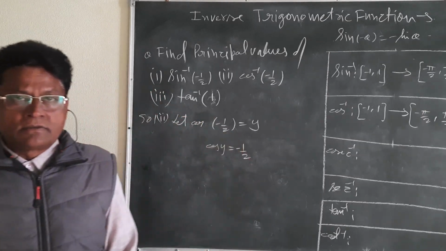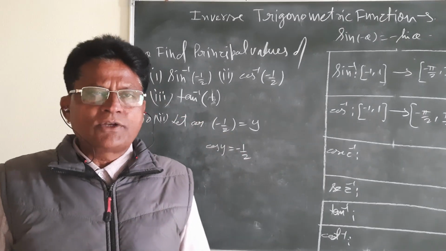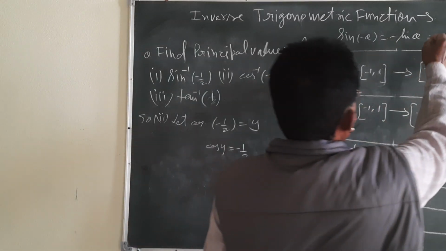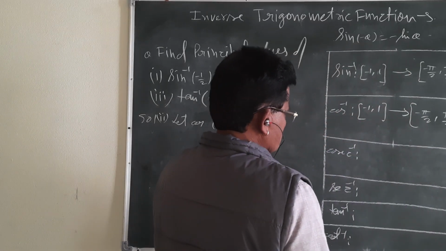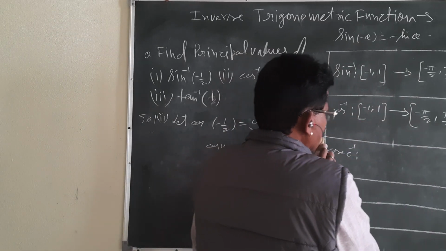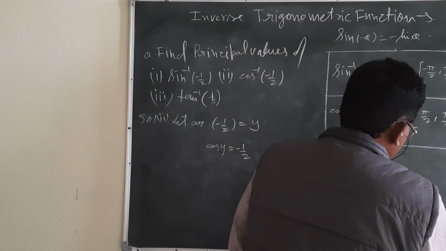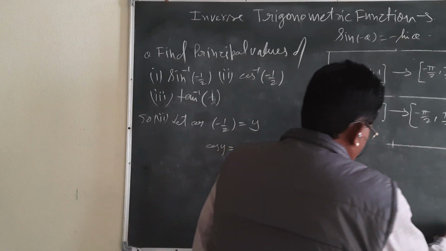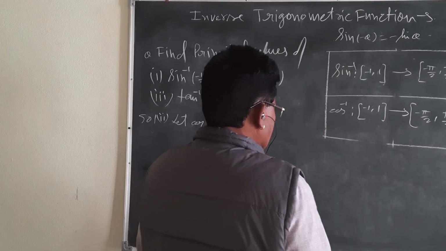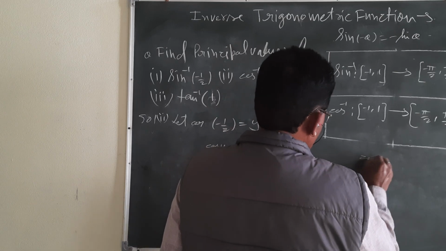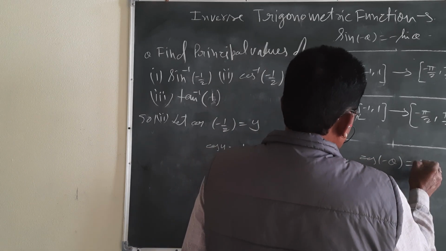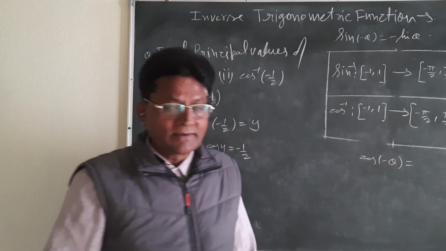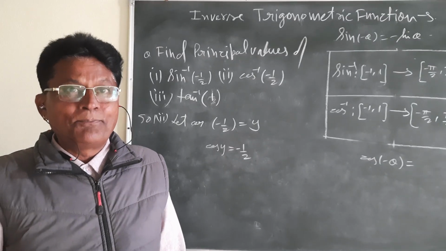You think over it. Minus 1 by 2, because in case of cos, I am just going to remove this thing because it is not required now. As I told you, you must complete this table. Cos minus theta, it will be what? Pi minus.